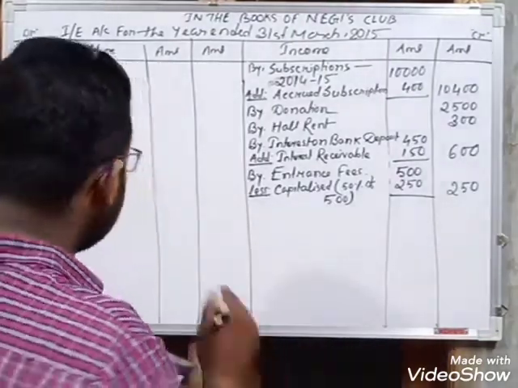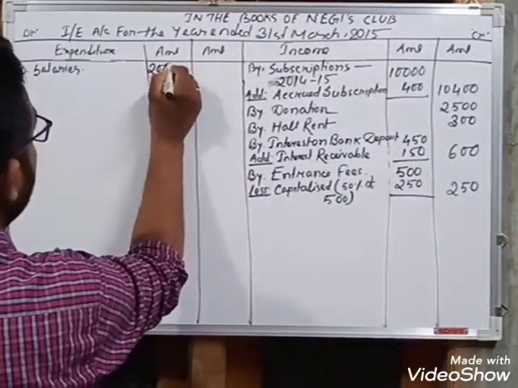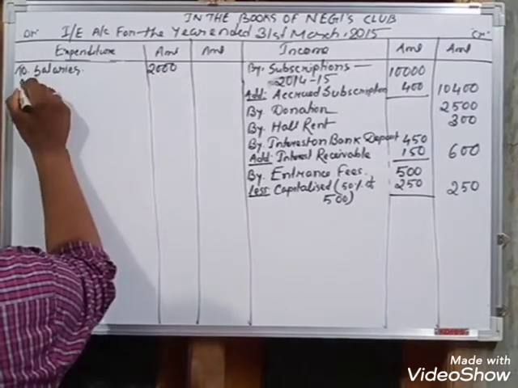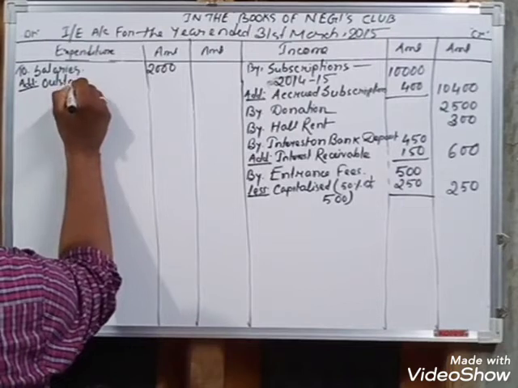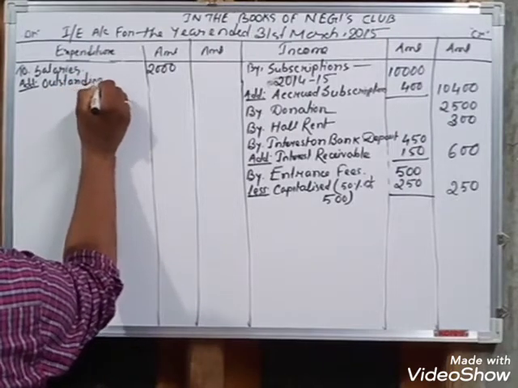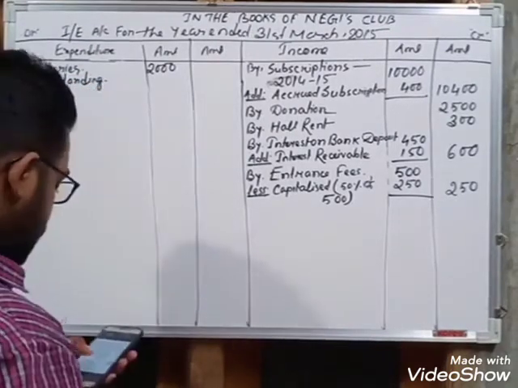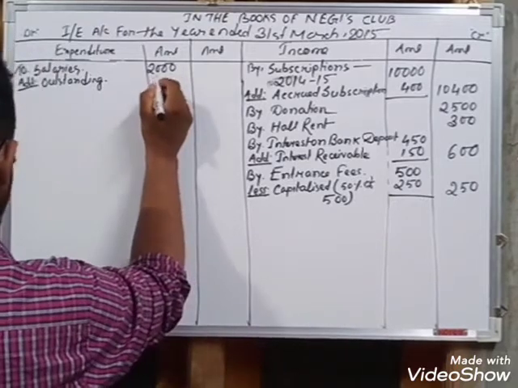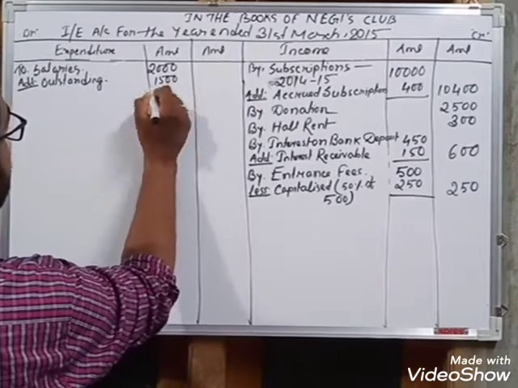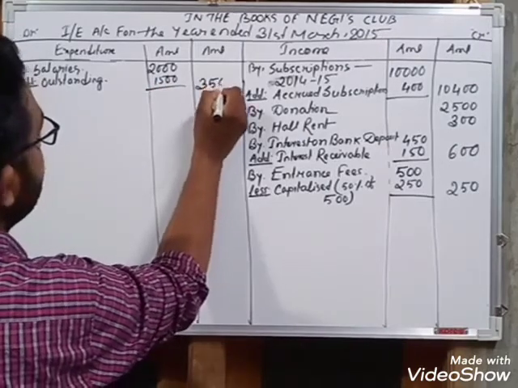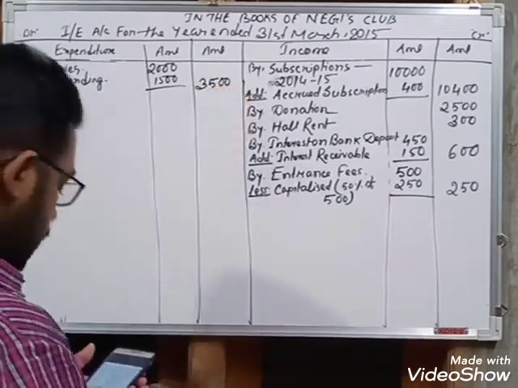So salaries is 2000 in the inner column. Add outstanding, the amount is 1500. 3500 is the total salaries for the current year.